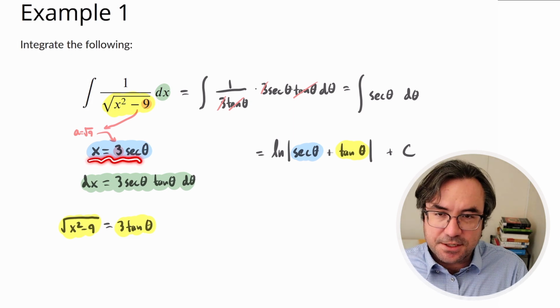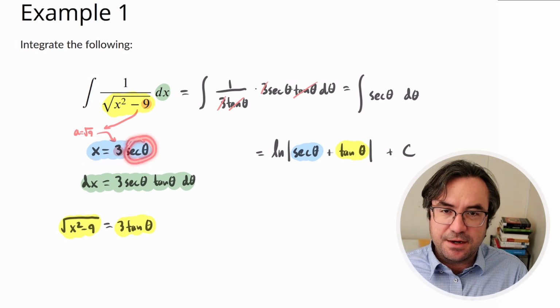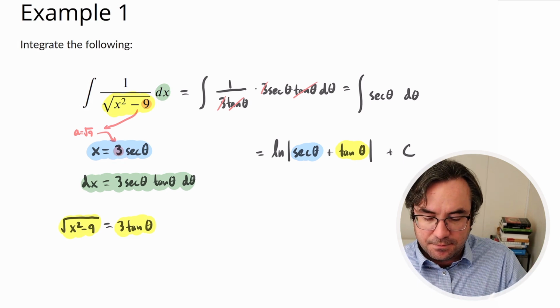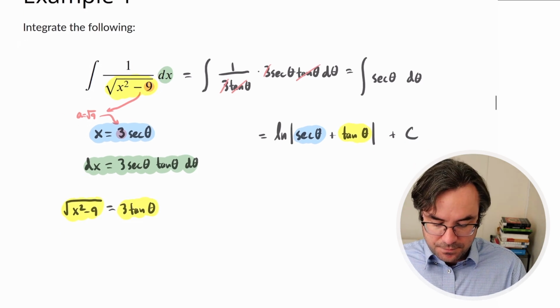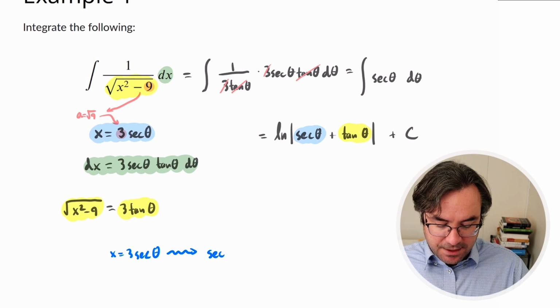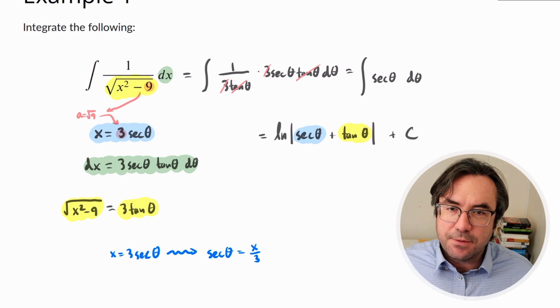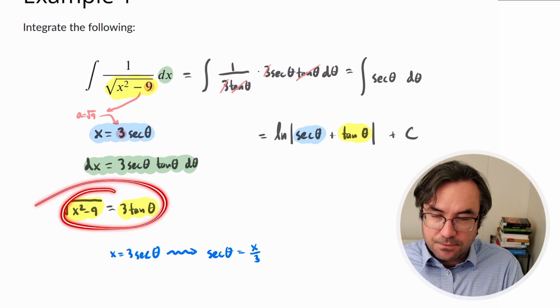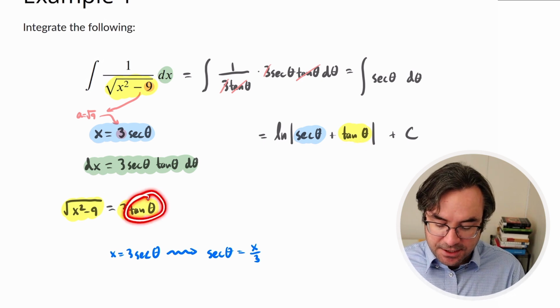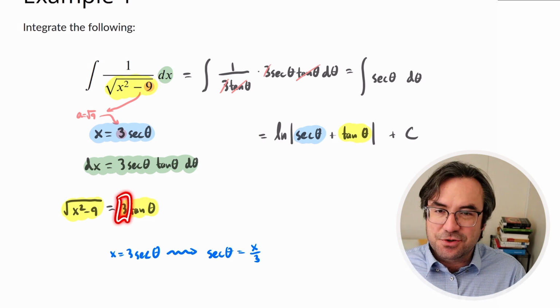So in our first x equation, we have a secant theta here. We just have this extra 3 in front, so divide it. So if we start with the equation x equals 3 secant theta, we can solve for secant theta. And we get x divided by 3. And we can do the same thing with our square root equation right down here. So we want to know what tangent theta is. Well, we've got tangent theta, but then we've got this extra 3 in front.